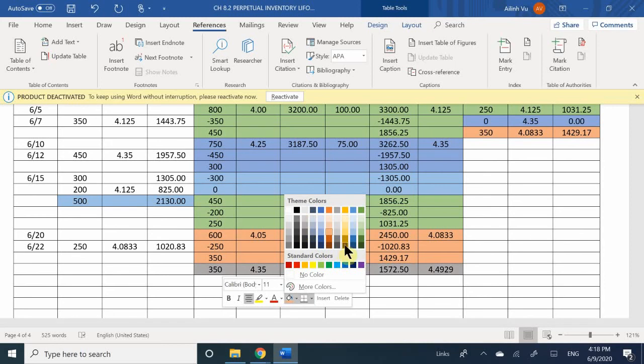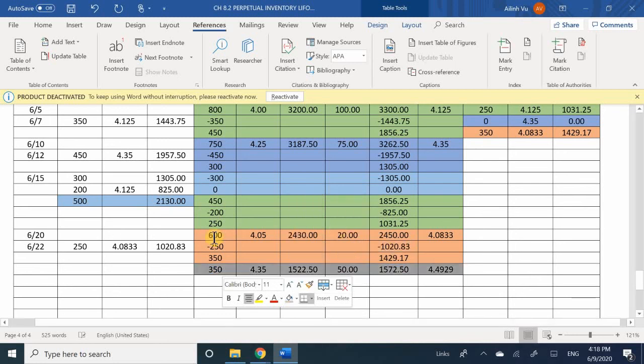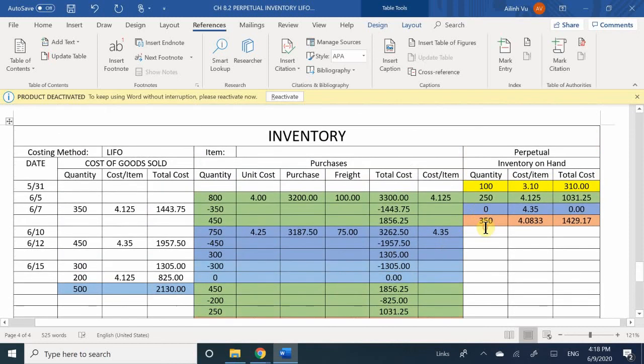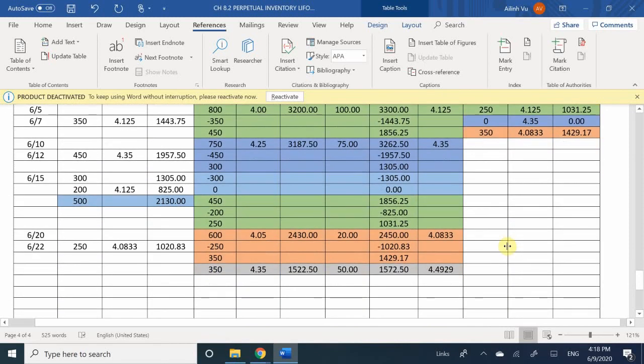I have green still open, I have blue available, and purple is used already. So I'm going to go for gray, this gray right here. I'm going to enter this in right here. We're going to transfer the information. So we got 350.